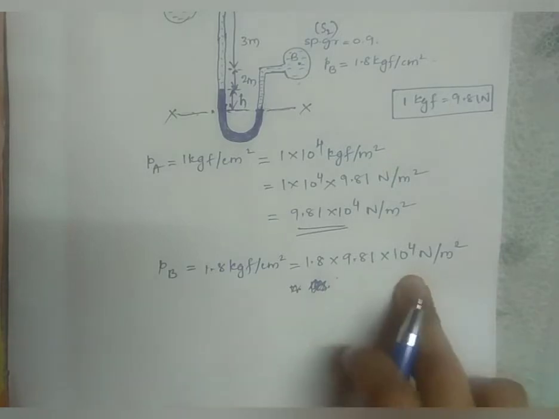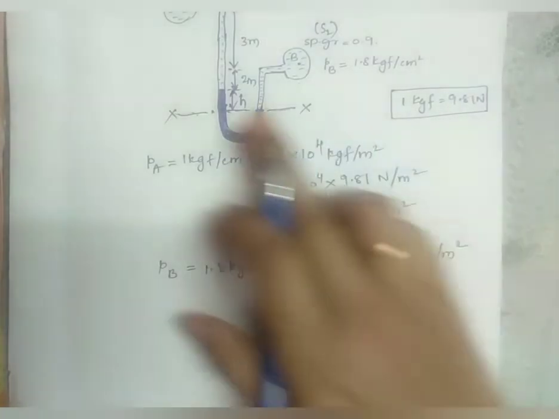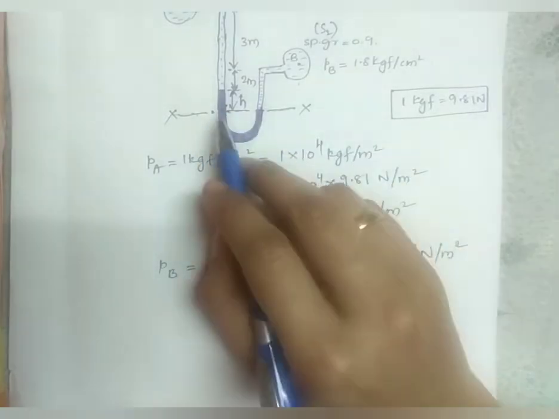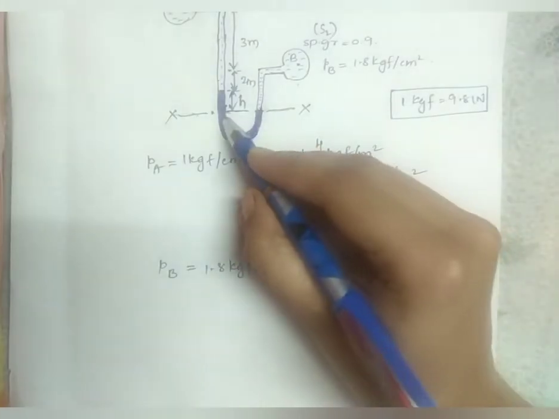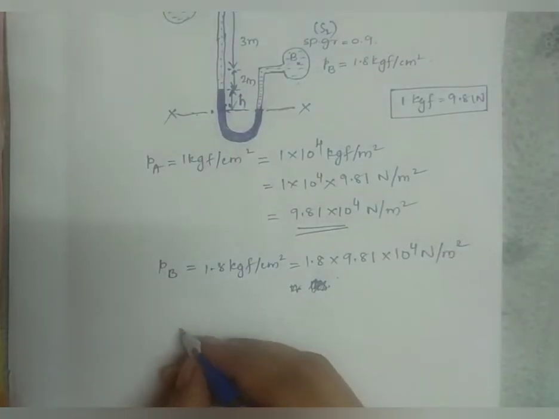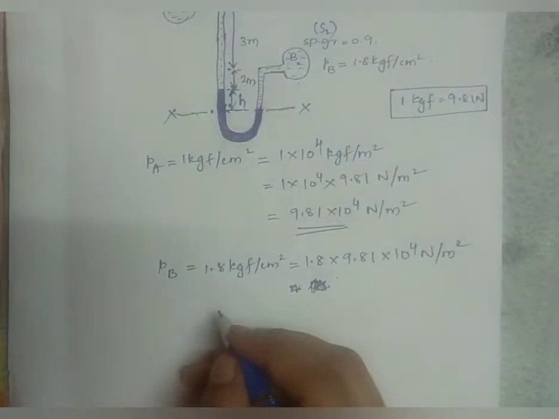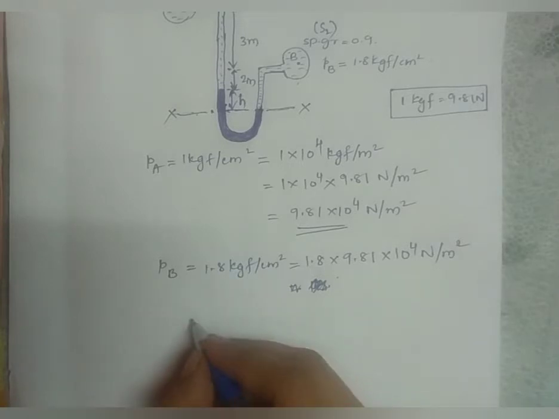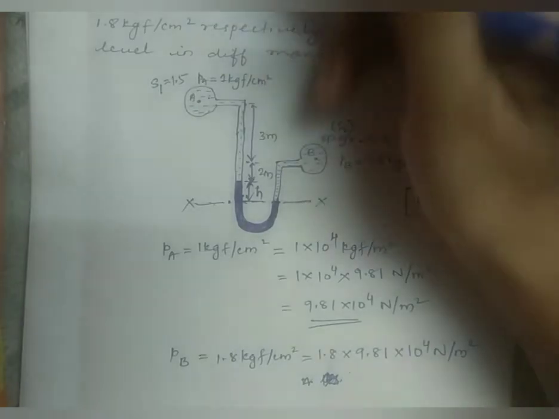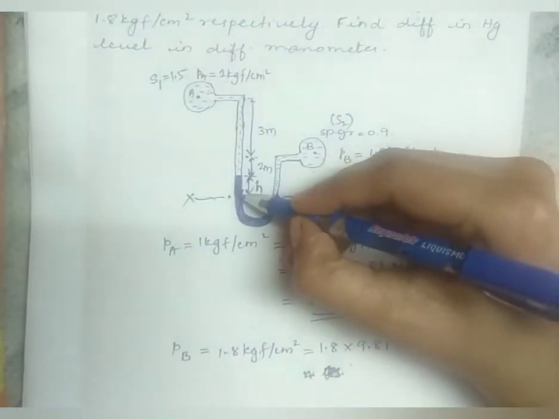Next, you equate the pressure at the left limb and the right limb. I am writing down the left hand side and the right hand side. I will start from here, because I have to find the pressure at this point.